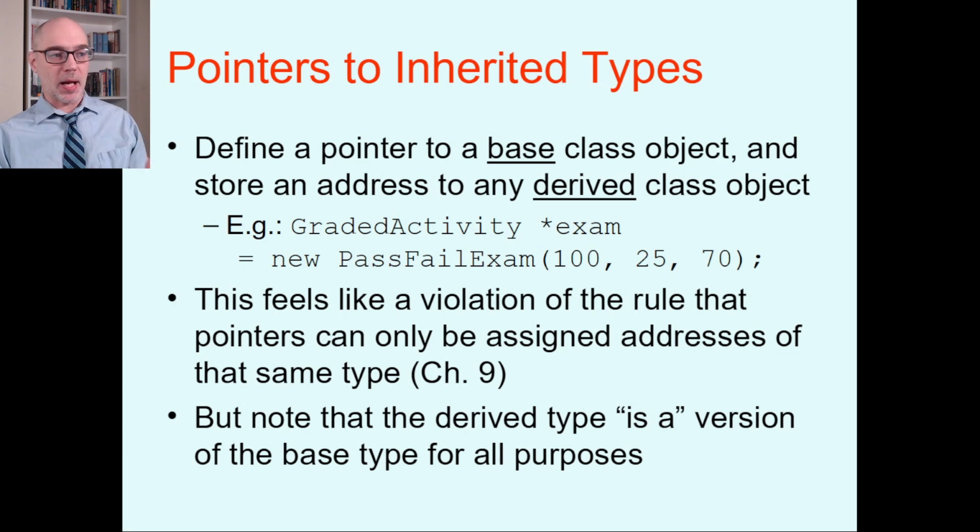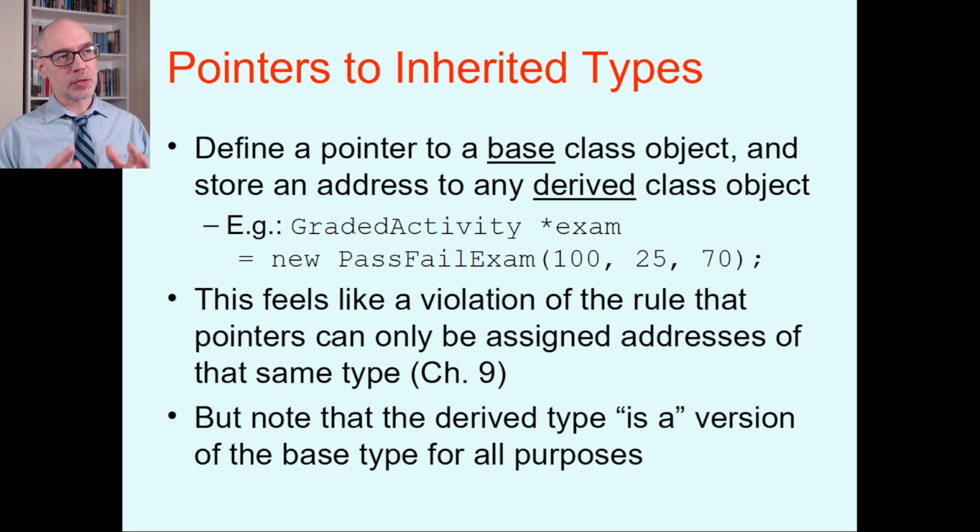All of those things are possible based on the one graded activity pointer type. So one pointer type could be pointing to a bunch of different subtypes of that parent class. Okay, so that's pretty powerful already.